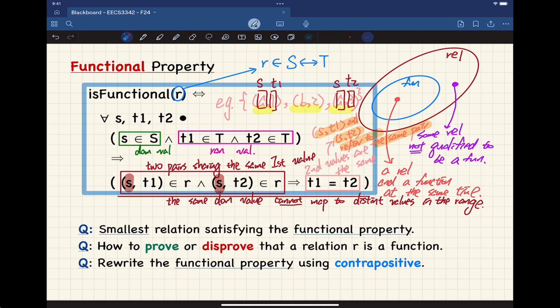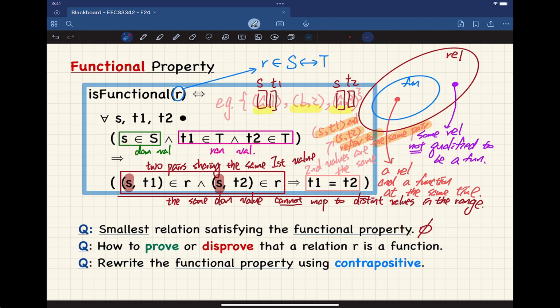Let's see why. Because in the functional property over here, we actually got an implication. Are you able to find any ST1 and T2 in the empty relation? Not really. So the antecedent is already false. False implies anything, right? That's why it's the smallest.